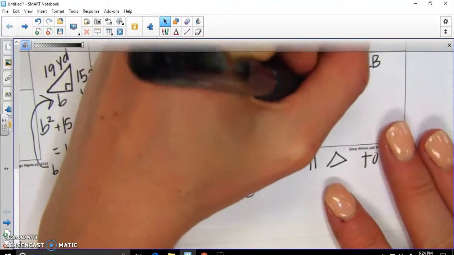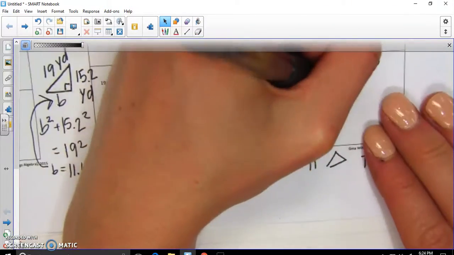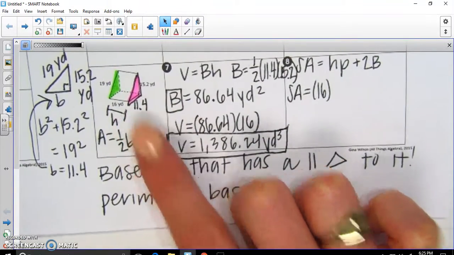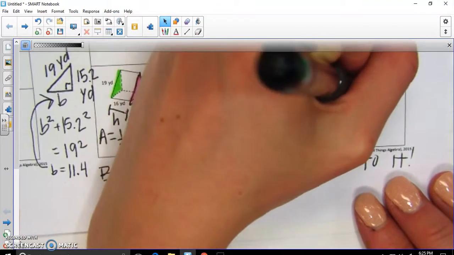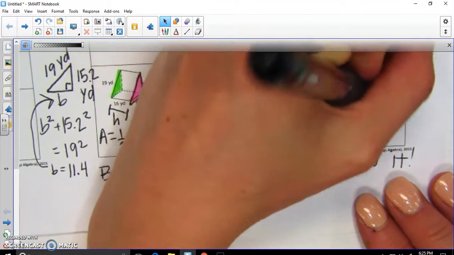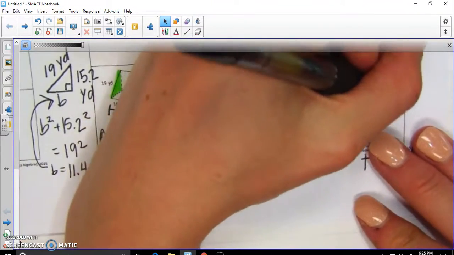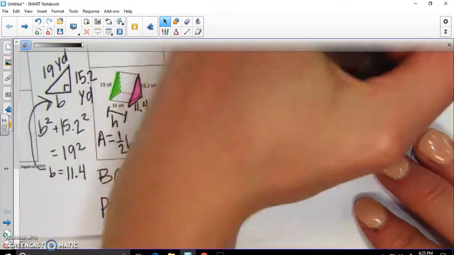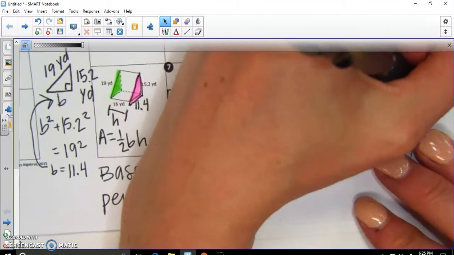So we're going to find that surface area is the height, or 16, times that perimeter. I added up 15.2, 11.4, and 19, and we get, that's where the 45.6 comes from, plus 2 times area of the base. We said the area of the base is 86.64.